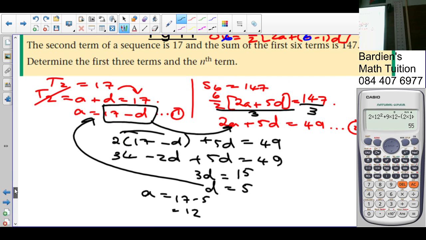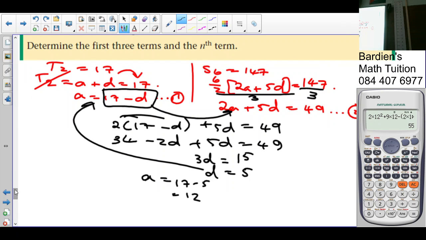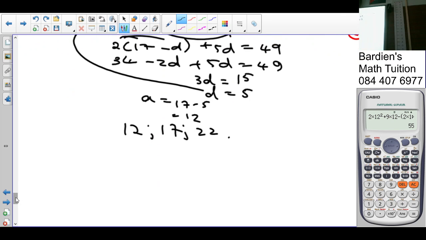So what are the first 3 terms of the sequence? 12. Then we're adding 5, which is 17. This is A, then A plus D, then A plus twice D, and so on, which will give you 22. But we haven't answered the full question. They want to know the nth term as well. So what do I say? Tn is equal to A plus (n minus 1)D.